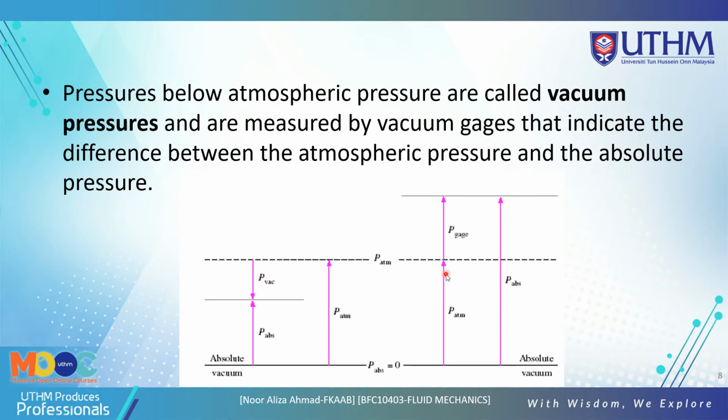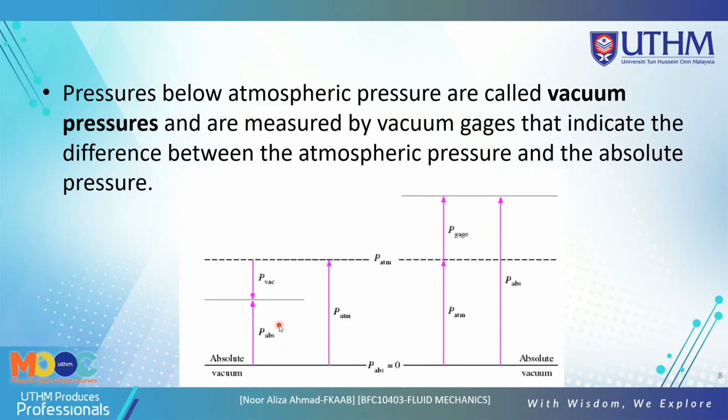To get the P vacuum, P atmosphere minus P absolute gives you P vac. Or if you have P vacuum and P atmosphere, P absolute is P atmosphere minus P vac.